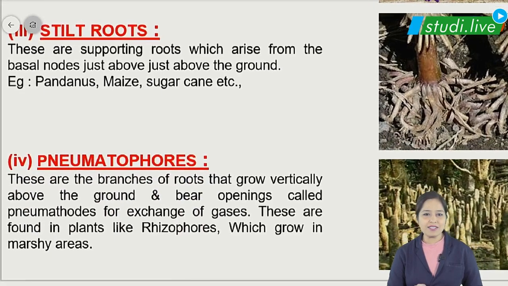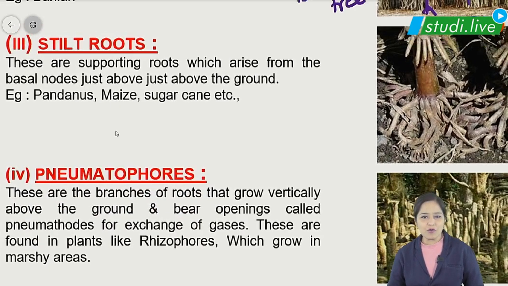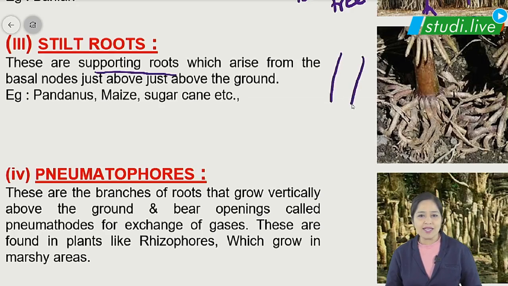Here we have the stilt roots. These stilt roots are also known as the supporting roots, which are arising from the basal nodes just above the ground. Suppose we have the example of sugarcane. We can see this is the node region from the base of the stem. In the node region, there are the normal adventitious roots.